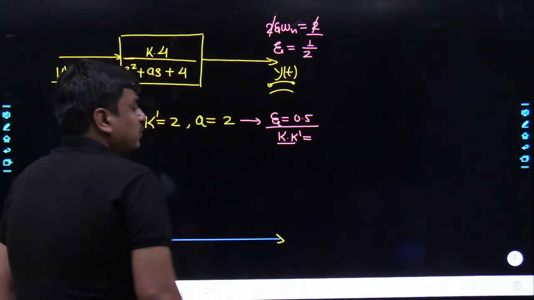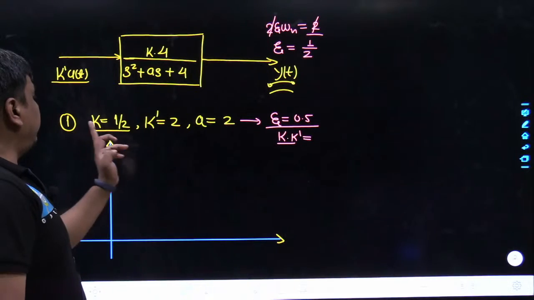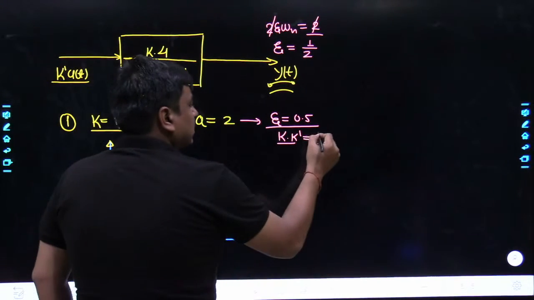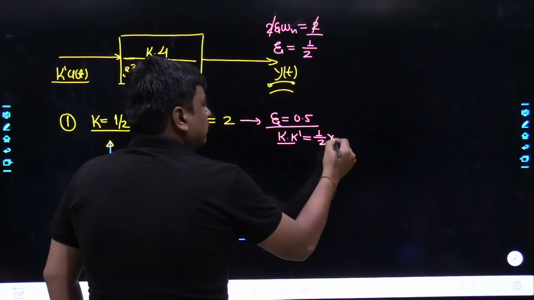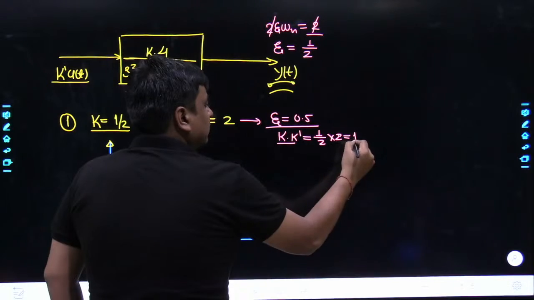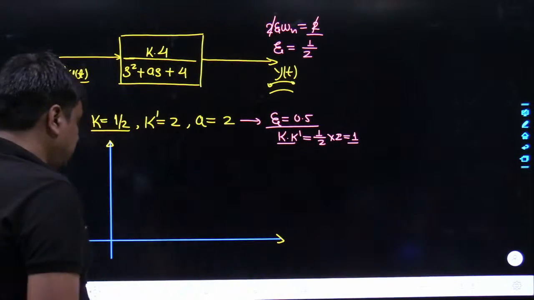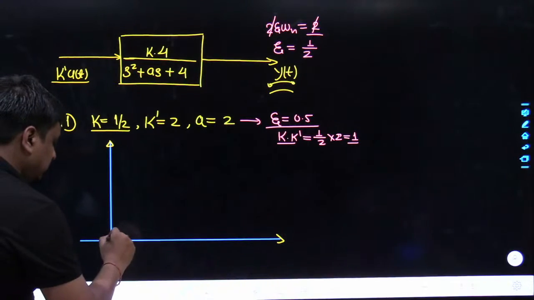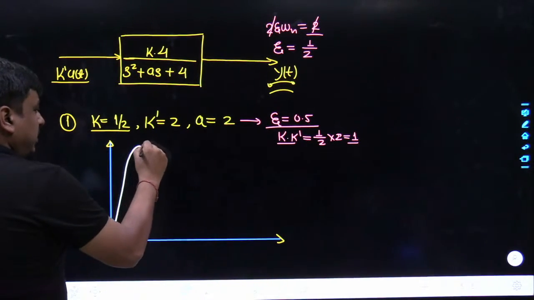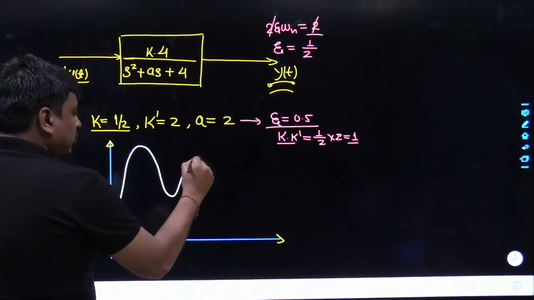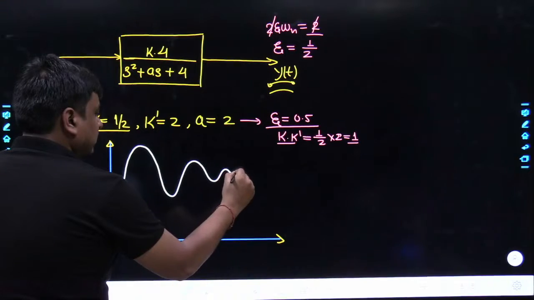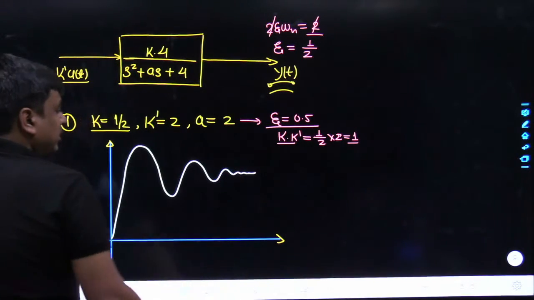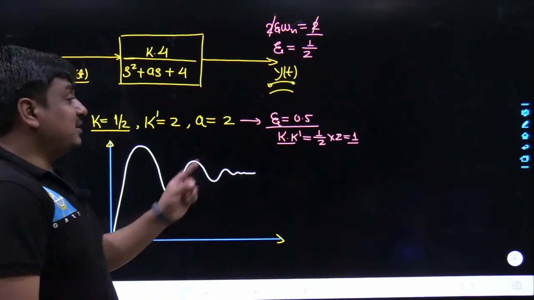Not only that, you can even figure out what's going to be the steady state value of the response, which is equal to k into k dash, which is nothing but half into 2, which is equal to 1. That means your response would start from 0. Being an underdamped system, it would be oscillating, and thereafter after a certain amount of time it would settle down to its steady state response.